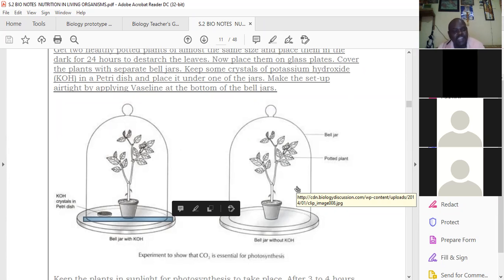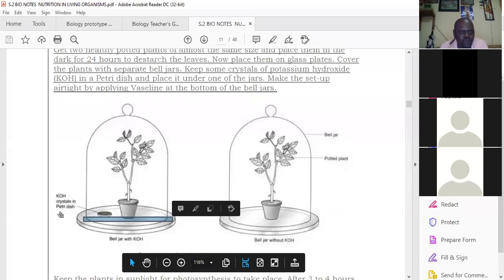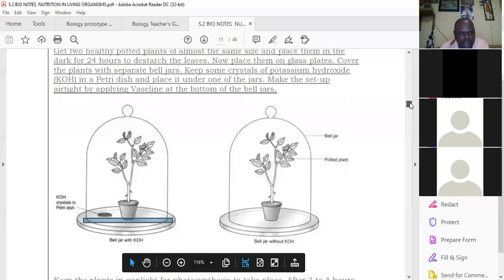If we find out that the first one has starch, then that means that even if there's no carbon dioxide, photosynthesis can take place. If we find there's nothing there, that means we shall conclude carbon dioxide is an important component, a requirement for the process of photosynthesis. So that is what we have in the setup.